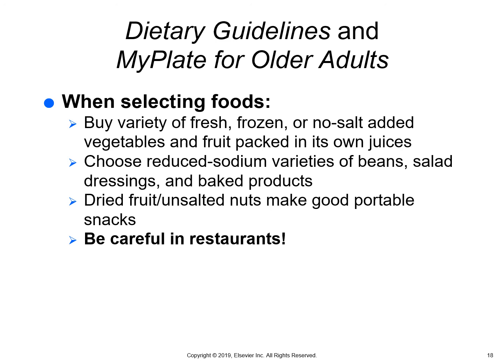They're more expensive, but they even make like little individual serving containers of those now, which is handy. They could do no salt added vegetables in a can. And then, like I said, fruit packed in its own juices would be good as long as they're not in those heavy syrups. We could recommend to choose reduced sodium varieties of beans, salad dressings, baked products.